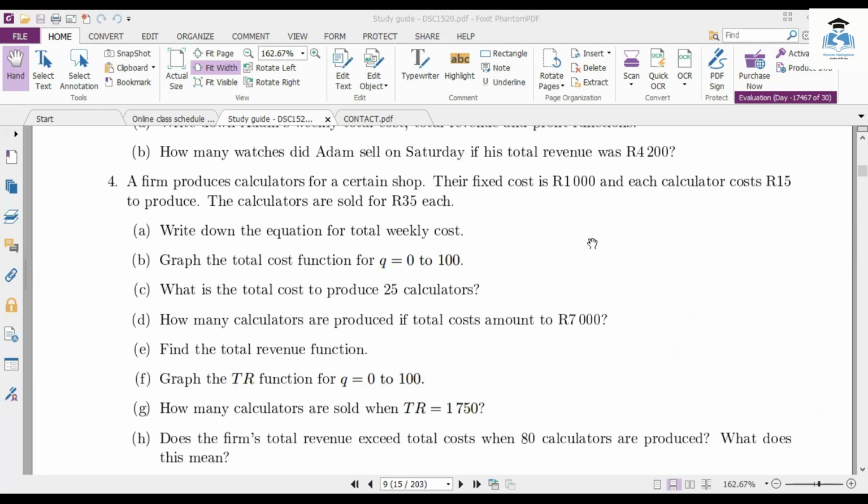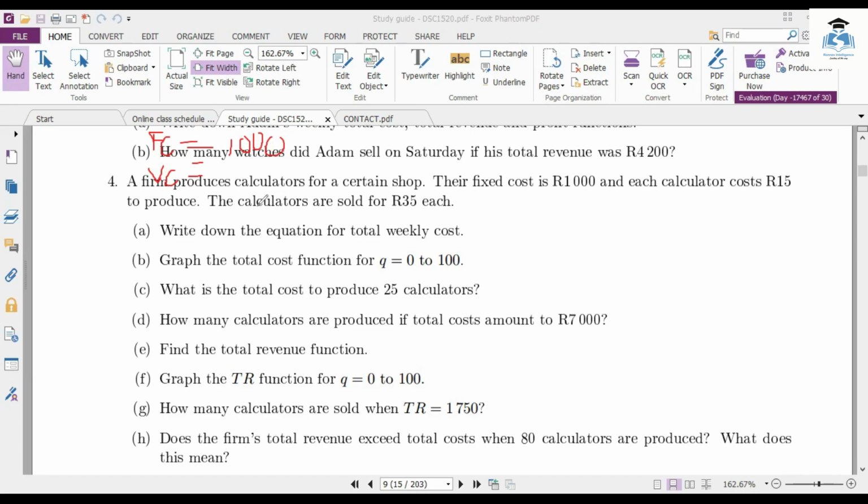So what is our FC? It's 1,000. Then our VC.